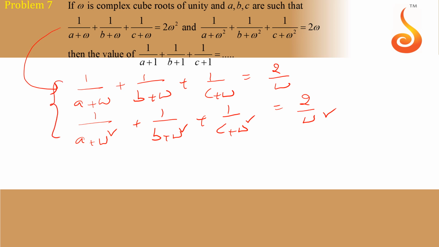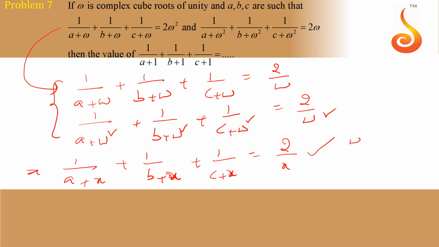So by observing these two, in the place of omega and omega square I am writing x, so what I will say now is equal to 2 by x. So I will say that for this equation, omega and omega square are the two roots. So 1 by a plus x plus 1 by b plus x plus 1 by c plus x equals 2 by x, for which omega and omega square are the roots.